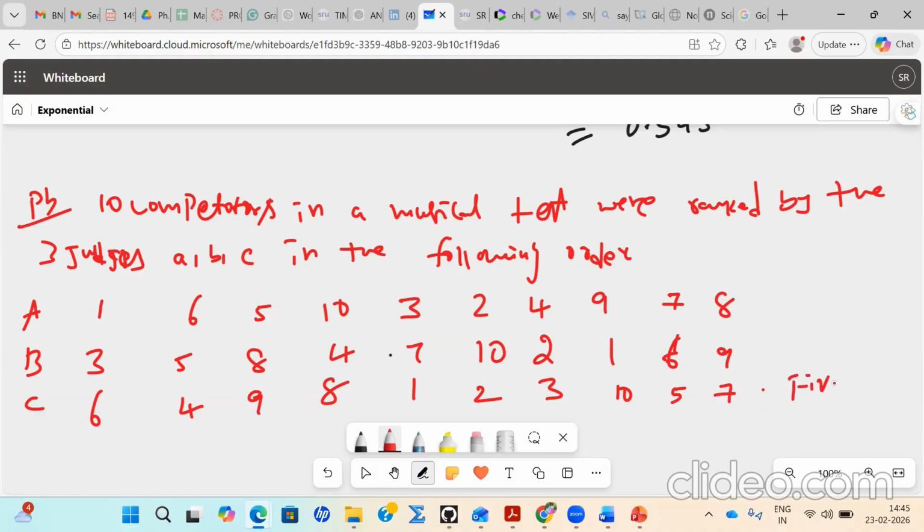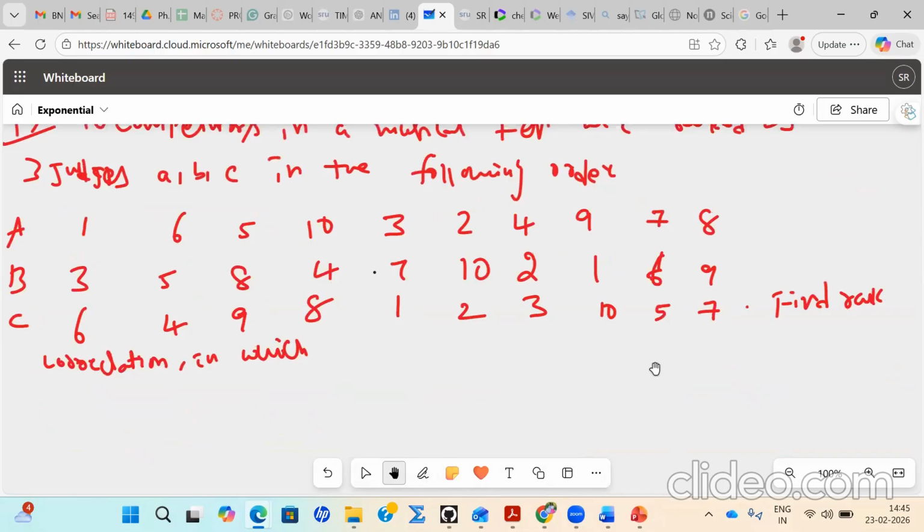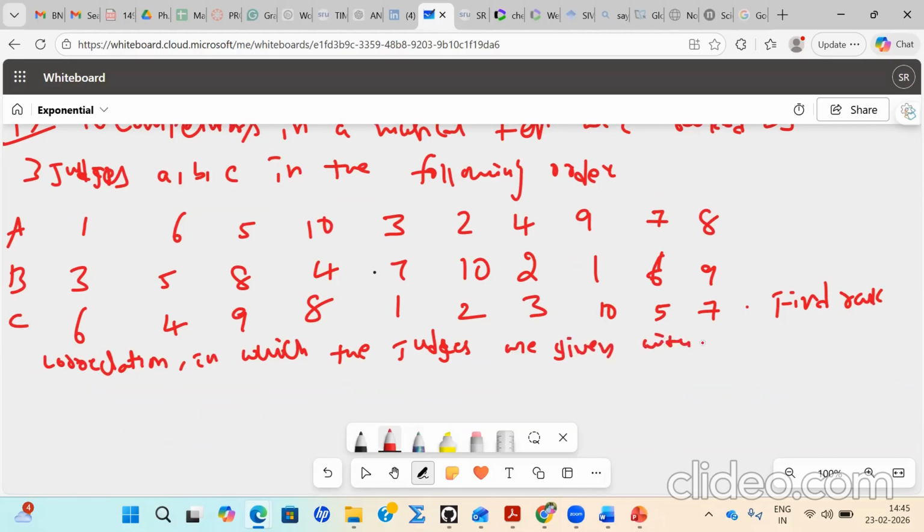Find the rank correlation, in which the judges given are highly correlated.